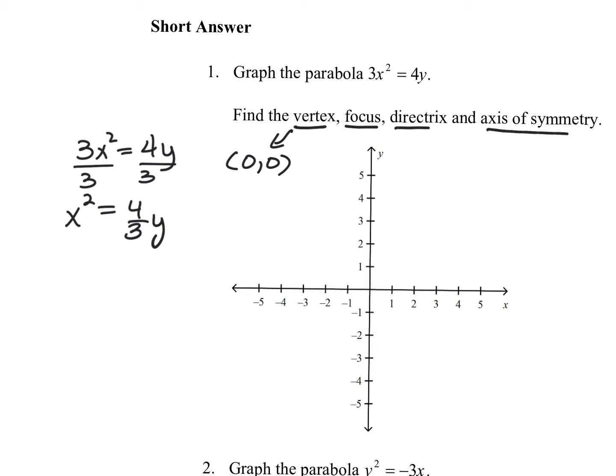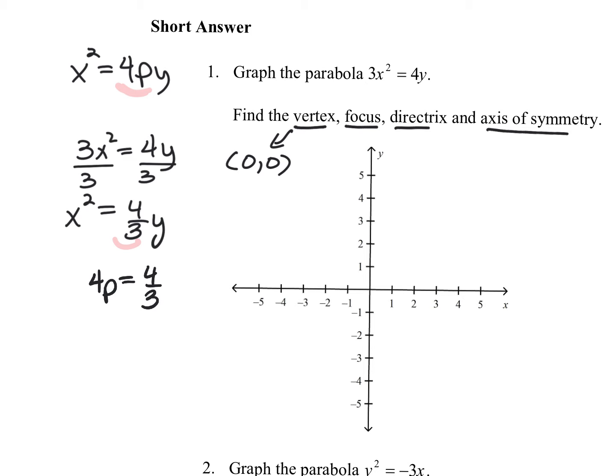To find my focus and my directrix, I need to find the p-value. Remember, the equation here is in this form: x squared equals 4py. So what I'm going to do is take 4/3 and set it equal to 4p to get my p-value. So 4p is equal to 4/3.